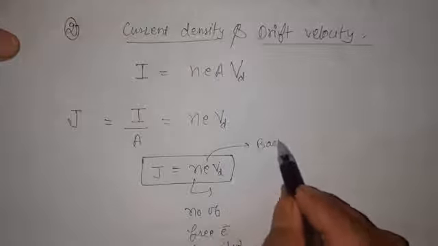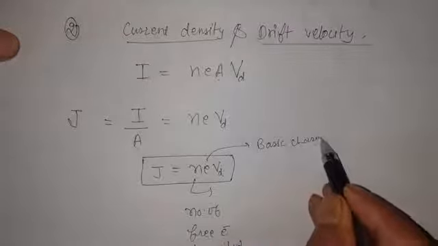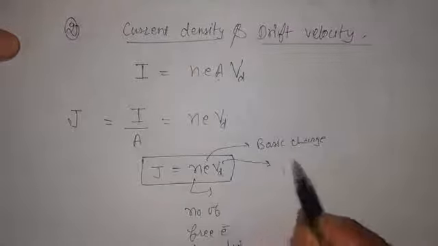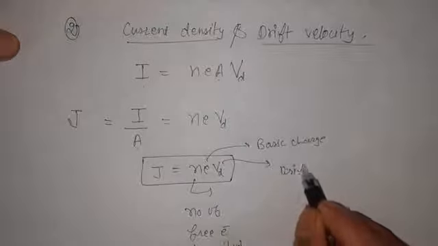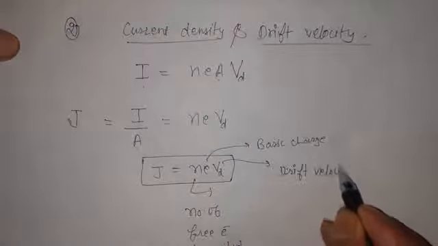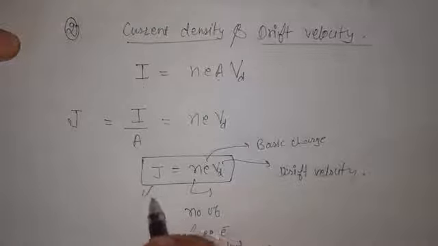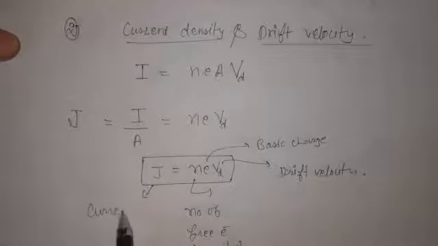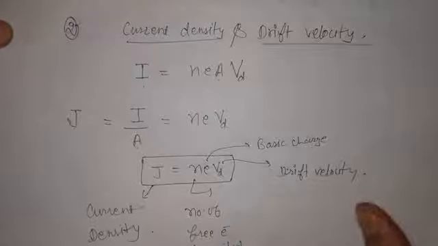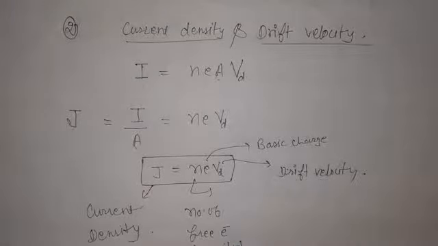That it is basic charge on an electron, and VD is what? It is the drift velocity, while this J is what? It is current density. Okay, so therefore this is all from my today's video. Thank you for watching.